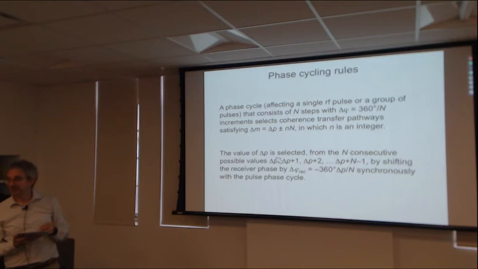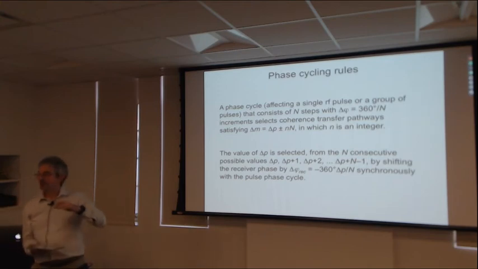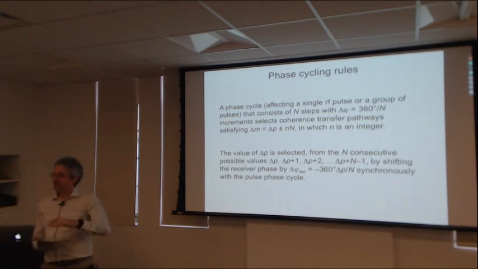It becomes degenerate because of the cyclic nature of this. So if we need to distinguish more values of delta p, the change in coherence order, then we need more steps in the phase cycle. And if we need to distinguish a fewer number, we need fewer steps.